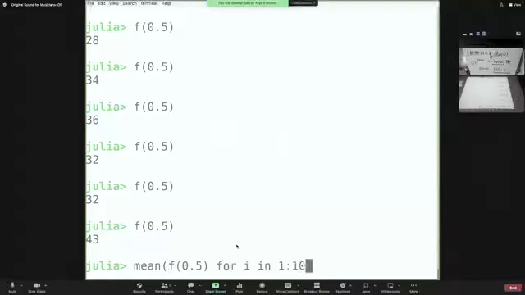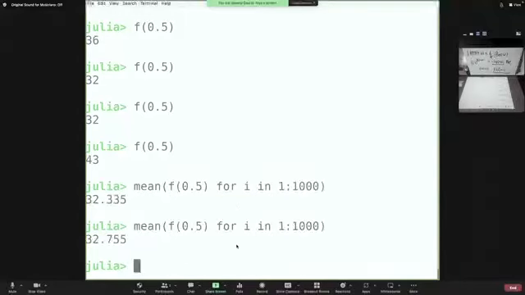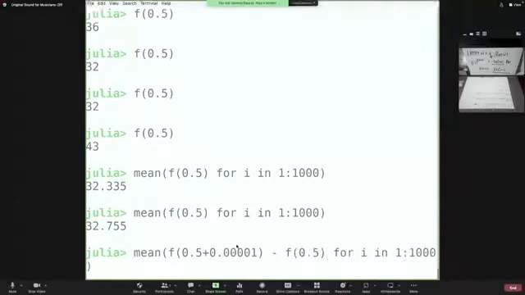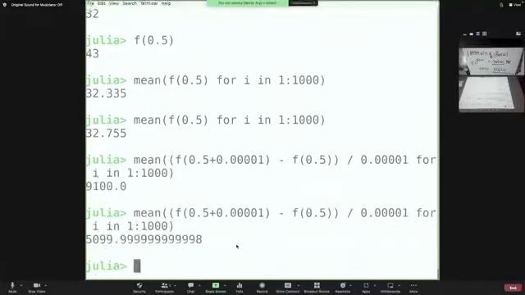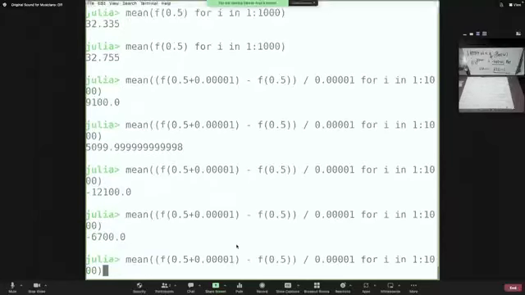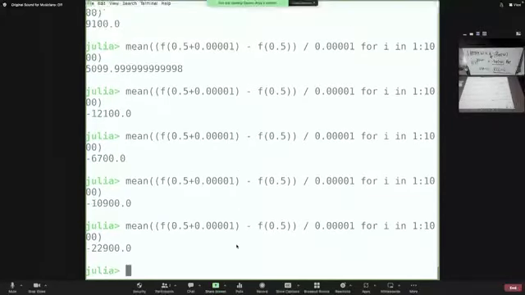If you just try to differentiate it the naive way, by doing something like this and then dividing by this, have I got my brackets right? There's one missing. Then you get something pretty large, which you have to trust averages to the right thing.